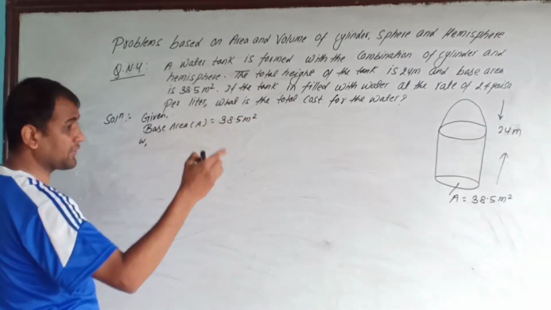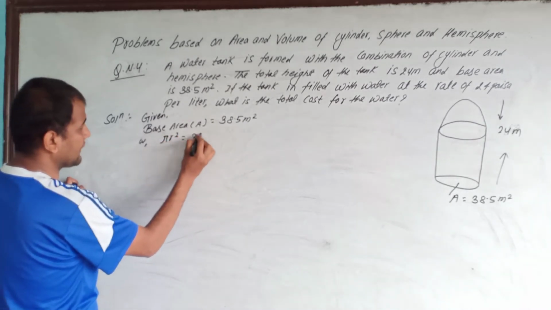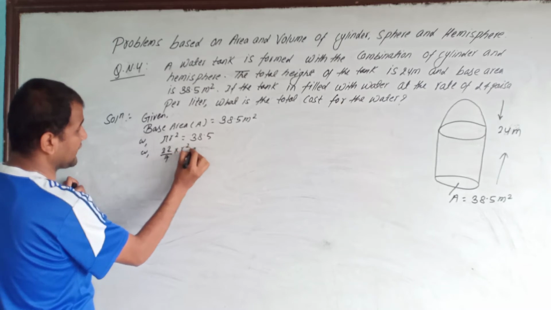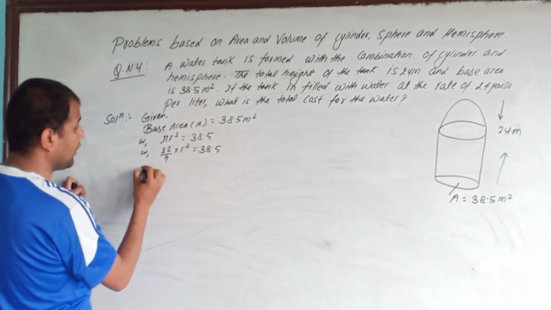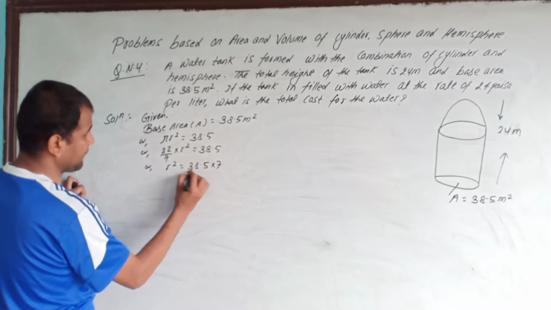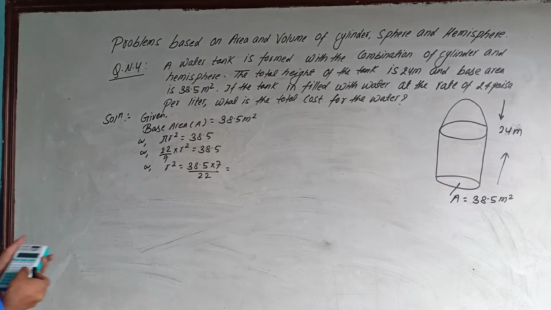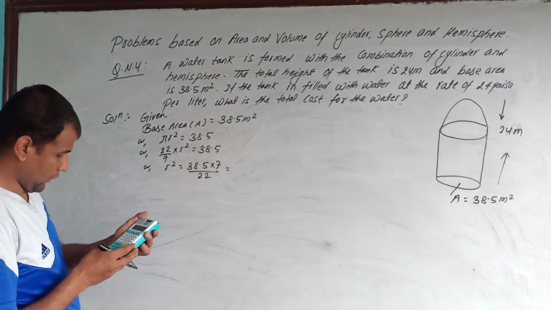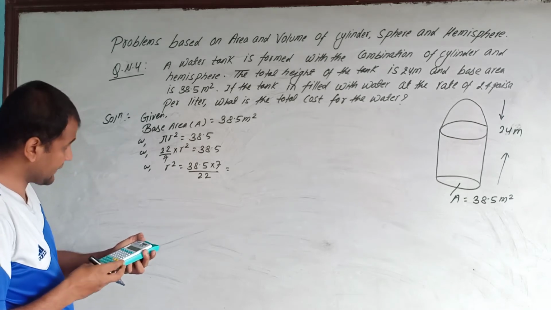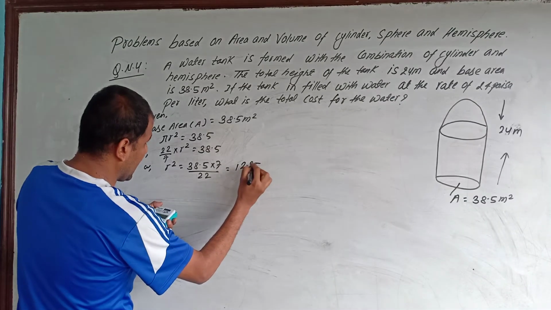We know base area means there is a circular base, so area of circle is pi r square is equal to 38.5, or 22 by 7 into r square is equal to 38.5, or r square is equal to 38.5 into 7 by 22, that is equal to 12.25.